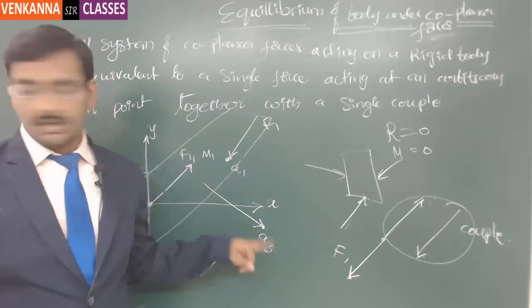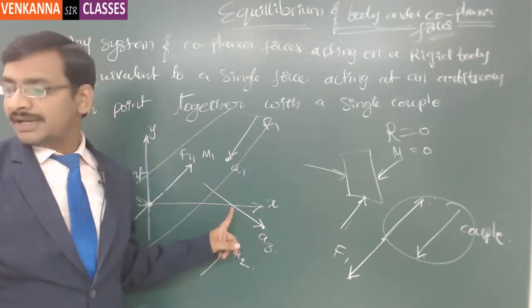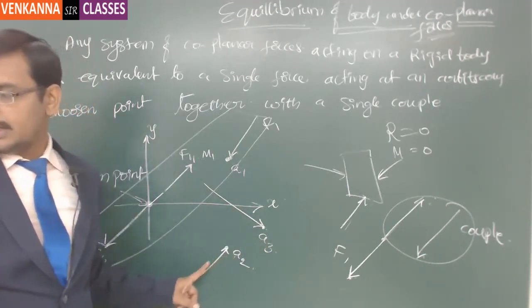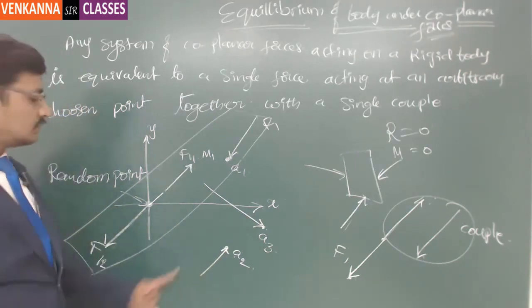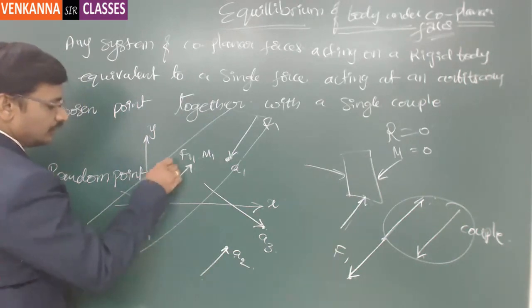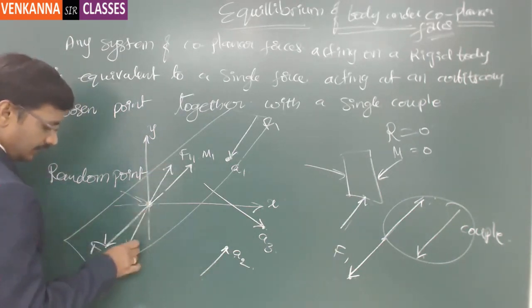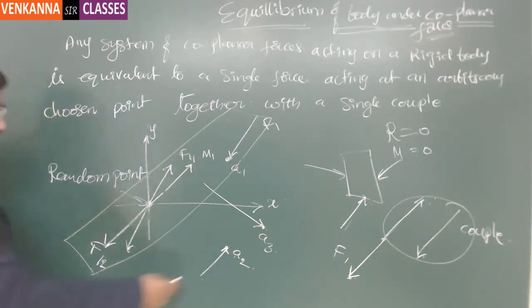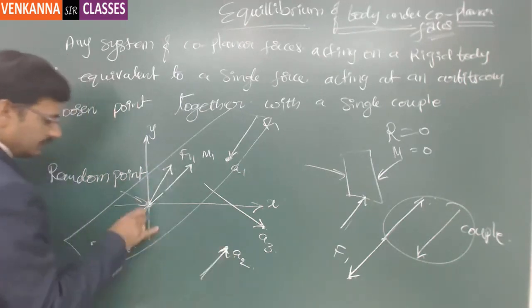Now take one more force. If we take the second force, exactly at the same location, I will draw a force which is parallel to this one and opposite to that. Now this is going upward and this is going downward.